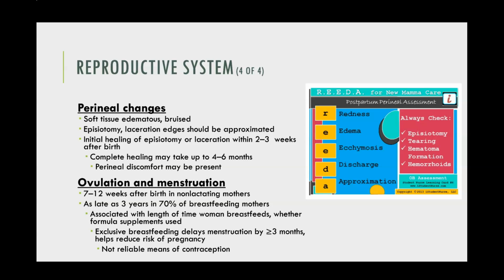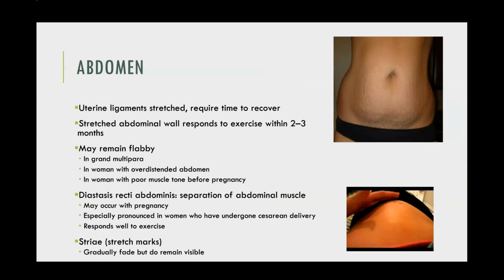Exclusive breastfeeding will delay menstruation by greater than or equal to 3 months, and can help reduce the risk of pregnancy, but it's not a reliable means of contraception, so your moms may need something additional if they are not planning to get pregnant.